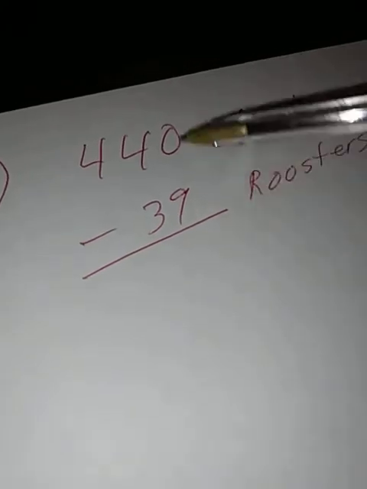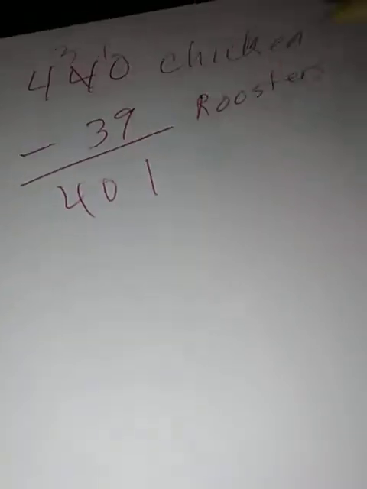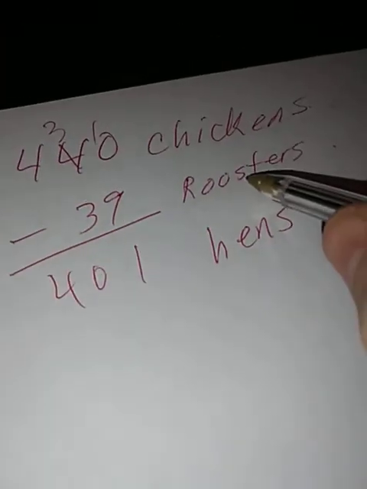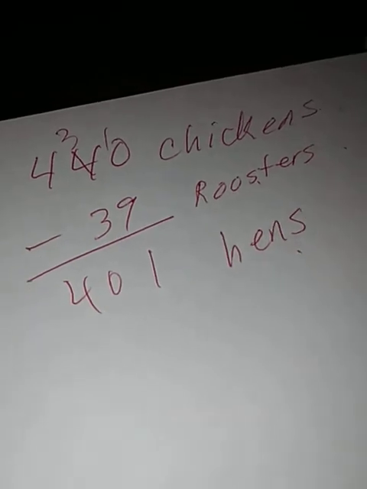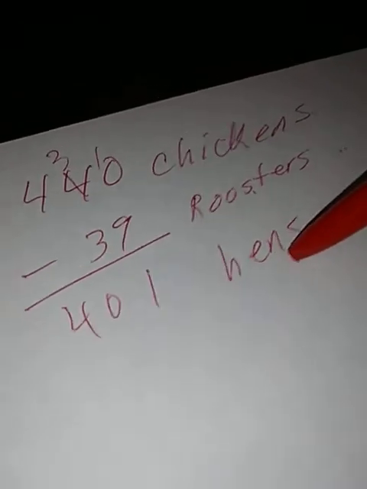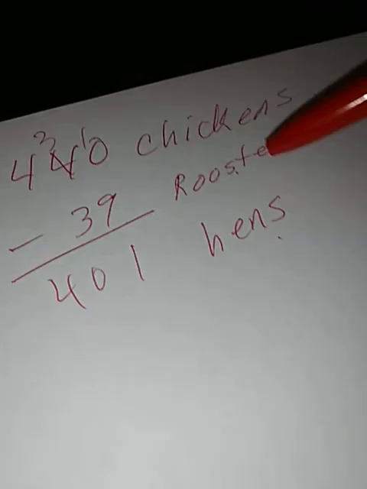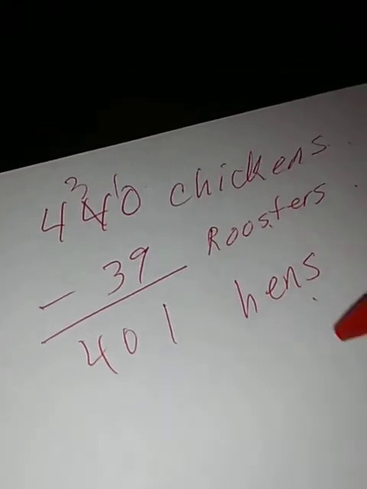Let me see how fast you can do it. This is going to be 381, right? Okay. So 381 hens. A rooster is a male chicken. A hen is a female chicken. The hen is who gives you the eggs. All right? And the rooster is the one that wakes you up in the morning. Okay.